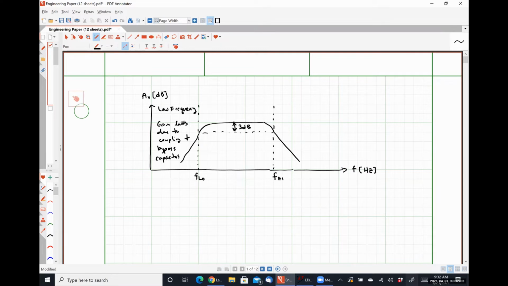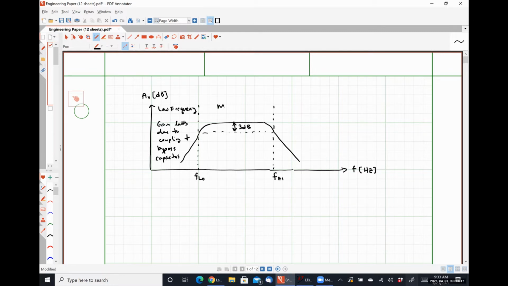Those are the capacitors that we were putting in when we were doing our DC analysis to short out or bypass the effects of degeneration to increase the gain, or to decouple our time domain or time varying input from our DC biasing circuit.